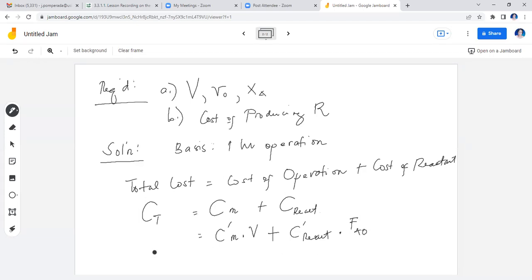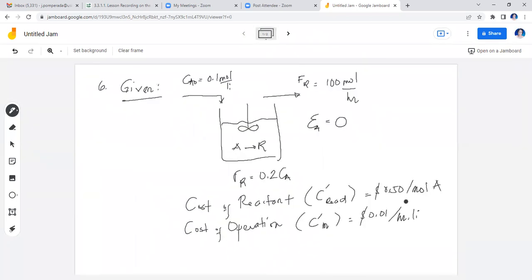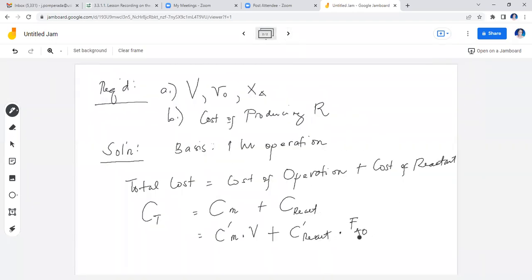Now, I'd like you to ask questions here in the equation that we have set up. That way, if there are things that are not clear, we can go back. We simply came up with the things to multiply per term based on the units that were given to us of the costing. Since this is per mole of A and I want this per mole eliminated, I need to multiply it with the molar flow rate of A. And since this is per hour, it must then have a unit of money per hour.